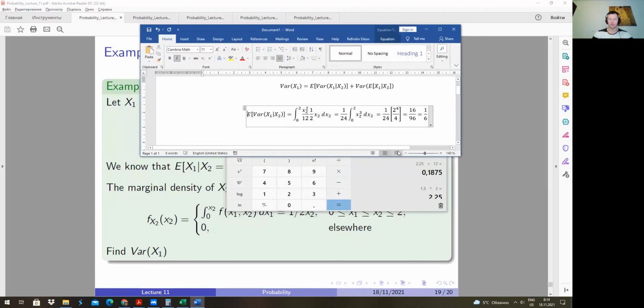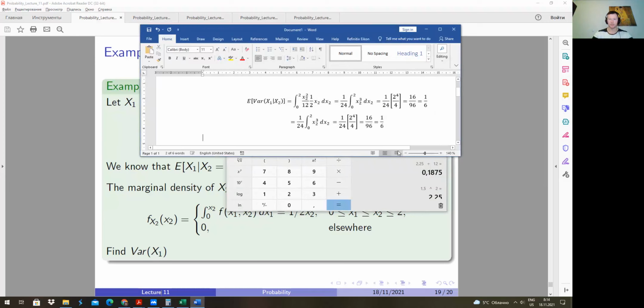So finally, the second part is that we need to calculate the variance of this expectation. And the variance of this expectation is what?